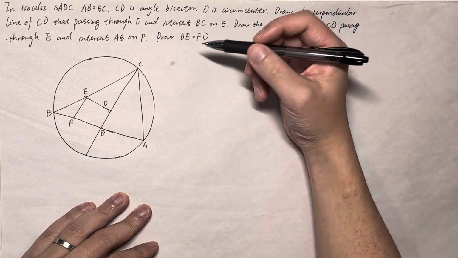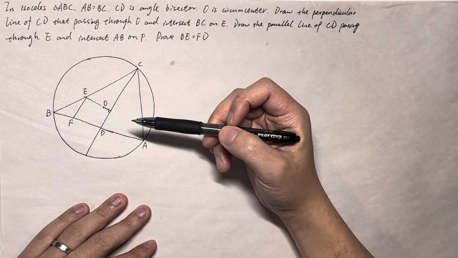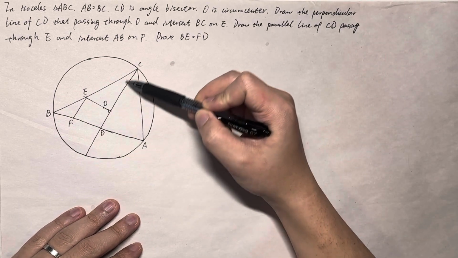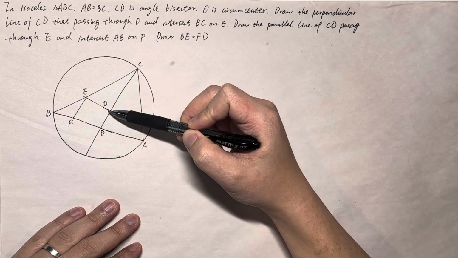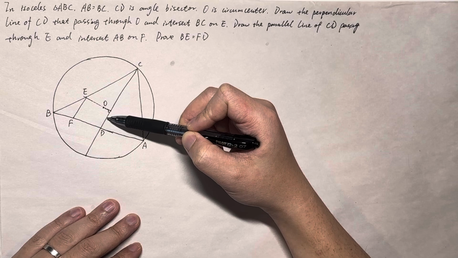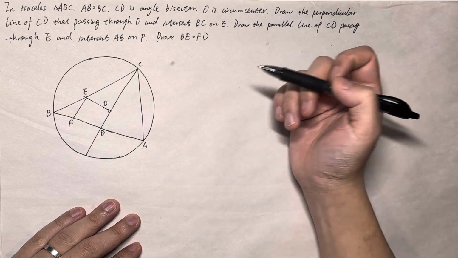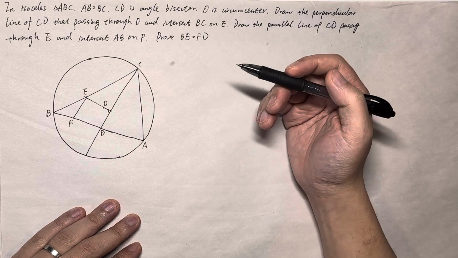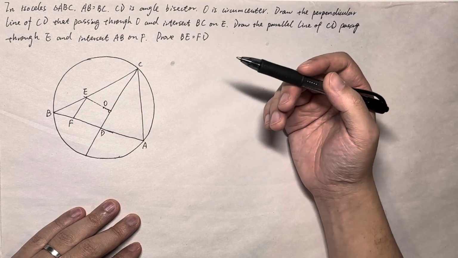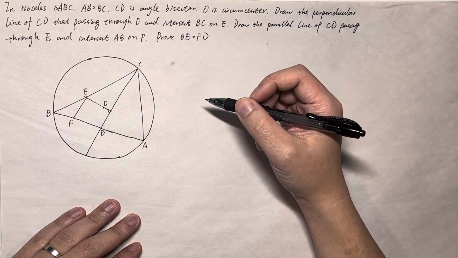Another thought is, as I have repeatedly talked about, once we see a perpendicular line, a 90 degree angle, we want to find another 90 degree angle and take advantage of them so we can have four points that are cyclic, and based on that we can get some information.